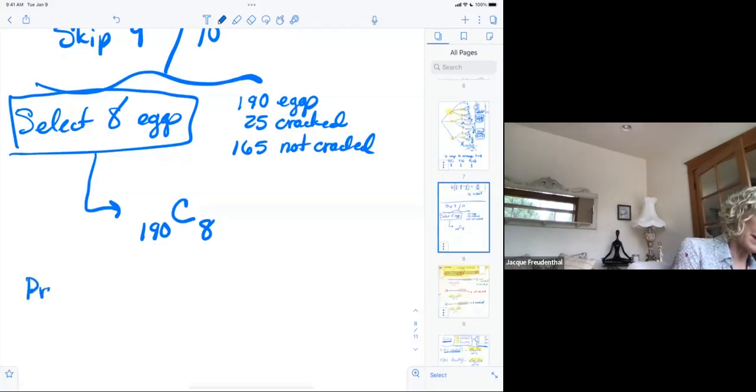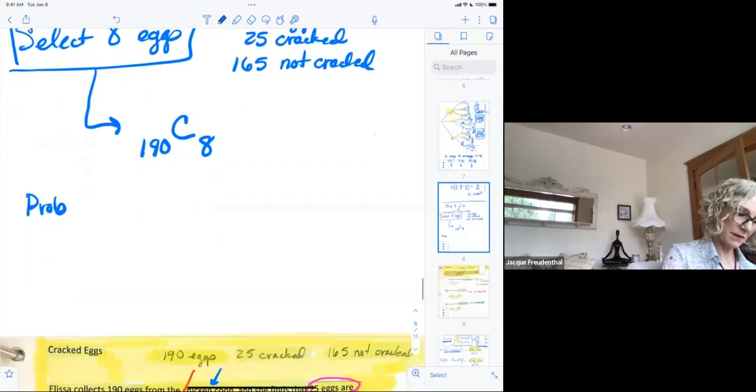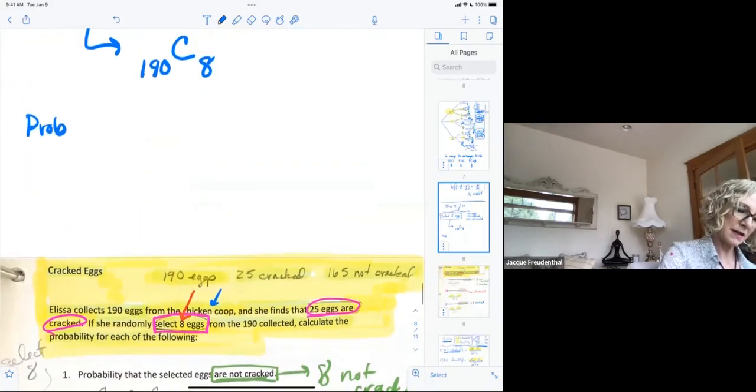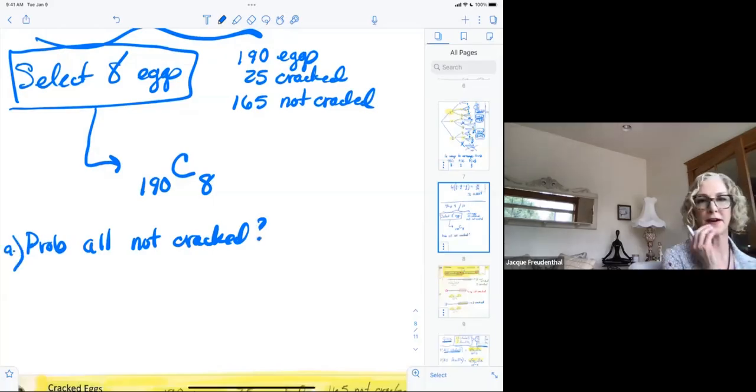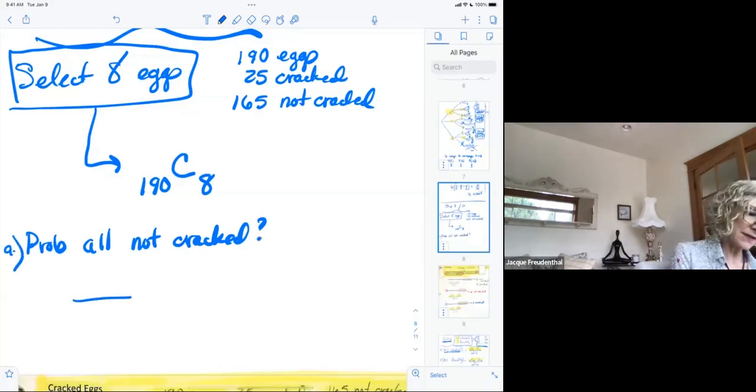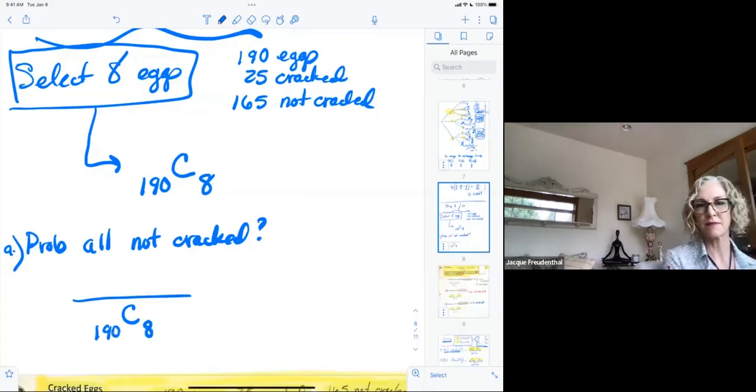So what is the probability? The first one is the eggs are not cracked. All are not cracked. The probability that all are not cracked, we'll call that part A. So I know out of the total combination 190, we're choosing 8. I'm going to set it up in the way where I'm going to look at cracked, not cracked.